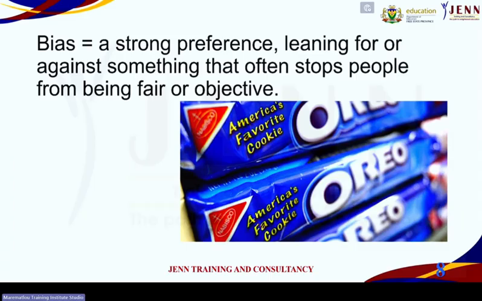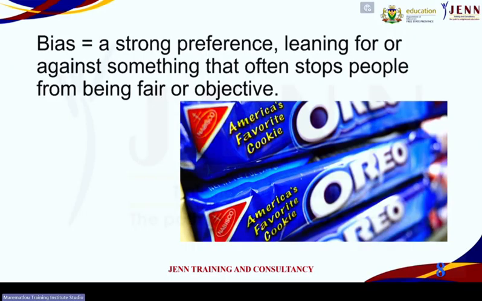Now, in this advertisement, we have cookies. This brand has a slogan here on the packaging that says, America's favorite cookie. Now, that slogan is quite biased because, of course, an advertiser would say its own product is the favorite one that Americans would buy.